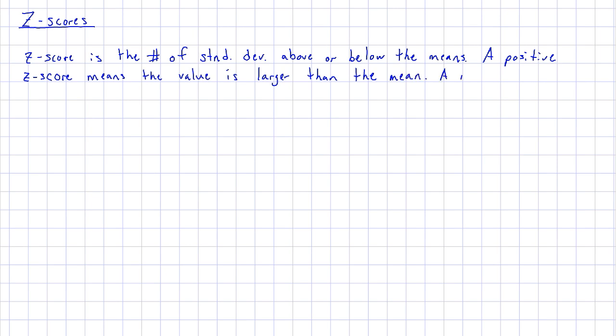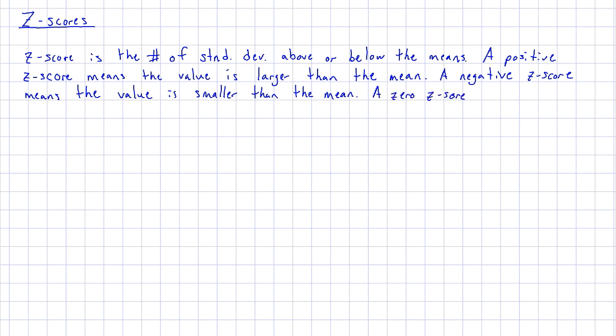A negative z-score means the value is smaller than the mean. And a zero z-score means the value is exactly the mean.